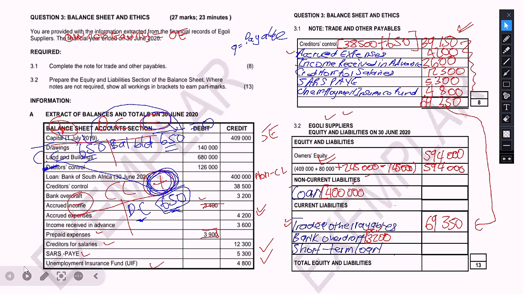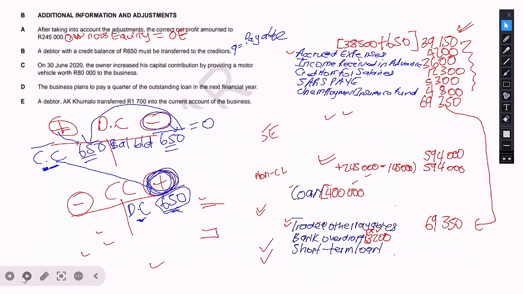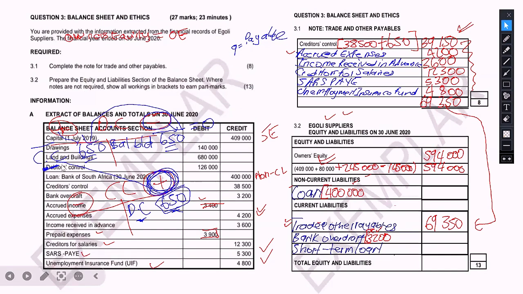Let's move right along to information D. So the business plans to pay a quarter of the outstanding loan in the next financial year. So now our loan was 400,000, right? Since this person plans to pay a quarter, we take the loan of 400,000 and simply multiply by 1 over 4, since we have 4 quarters in a year.